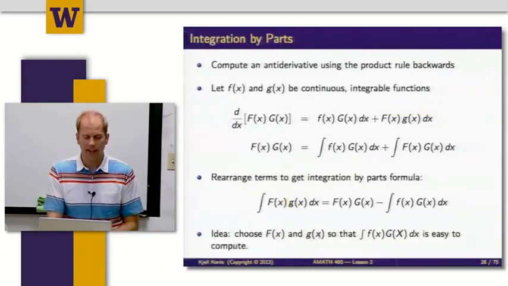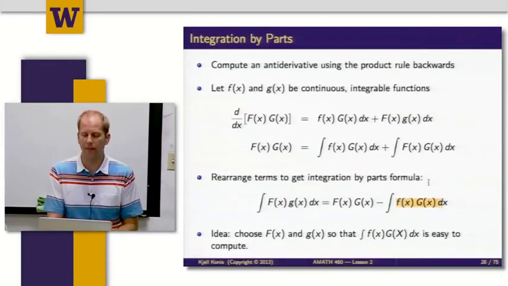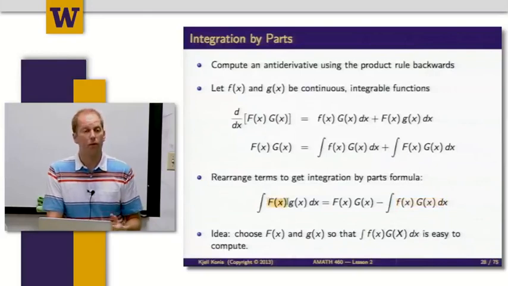So generally the idea is going to be to choose f of x and little g of x so that this final term here is something that's easy to compute. So I'm starting out over here with a capital F of x.